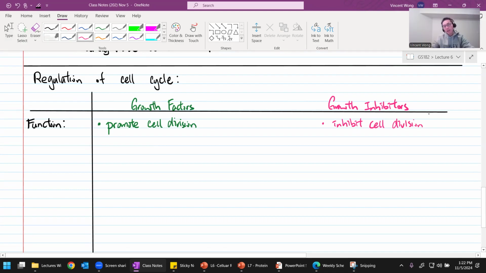Sometimes it's like, you're not allowed to divide ever again, okay, because your telomeres are critically short. Sometimes it's you're not allowed to divide yet, okay, but if you fix the mistakes, if you come back, then maybe you can divide again. Okay.